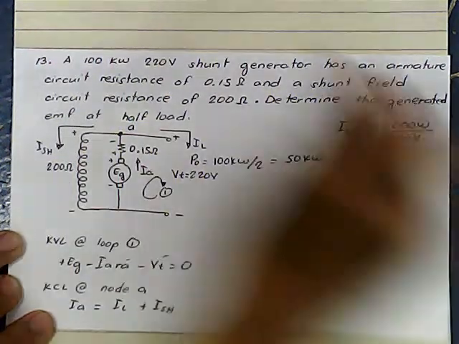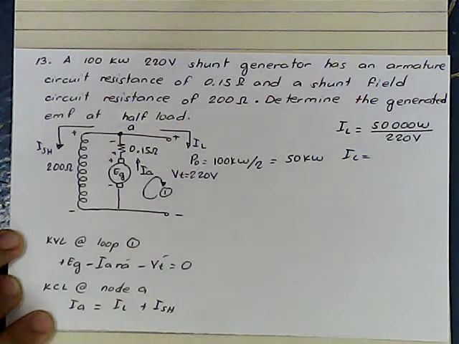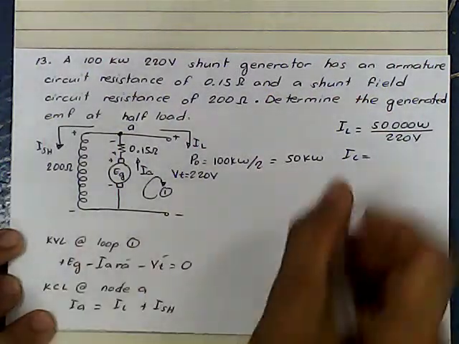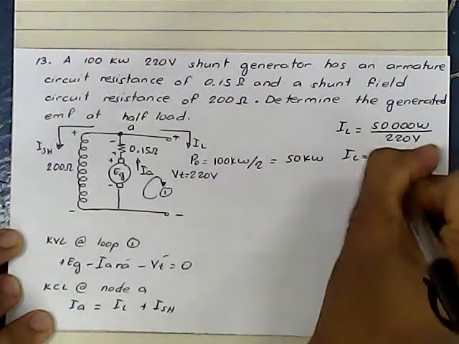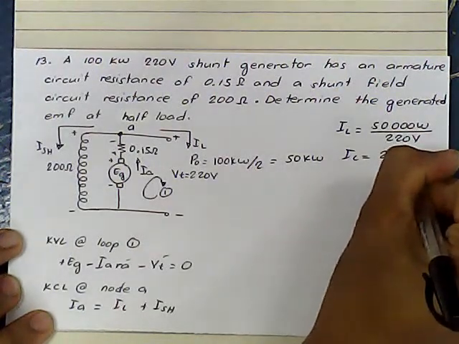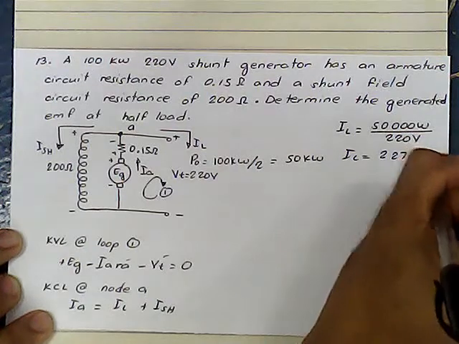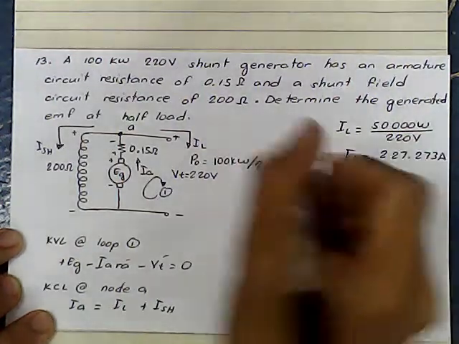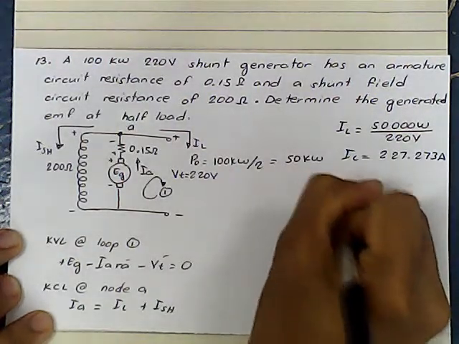So, IL is 50,000 divided by 220 volts, which gives us 227.273 amperes.